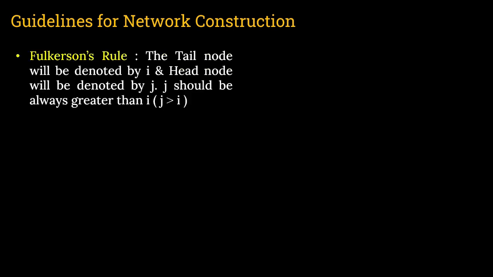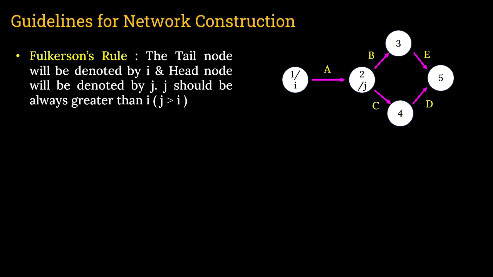Now, Fulkerson's rule. What is that? The tail node will be denoted by I, I have already mentioned that, and the head node will be denoted by J. And J should always be greater than I. That means J greater than I. What is that? You can see here this is a network.